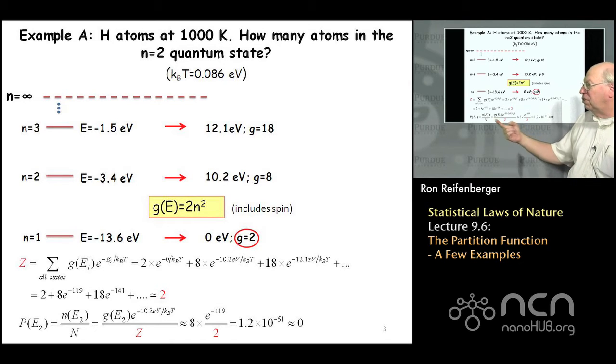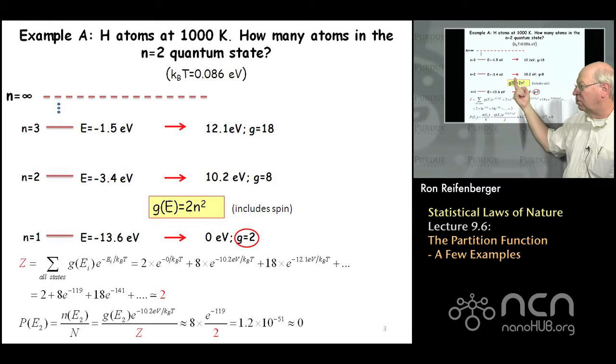Once I know the partition function, then I can calculate the probability that there's an atom in the n equals 2 quantum state. That's just given by the number of ways that second quantum state can be realized. That's g of E2. In this case, that's equal to 8. And then I have to include the Boltzmann factor, which in this case involves the energy difference between the ground state and the first excited state.